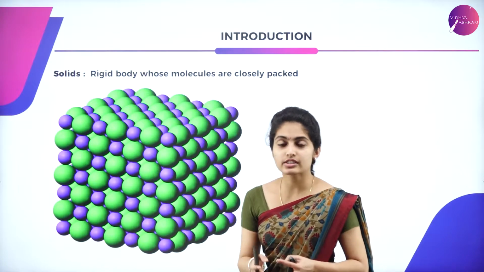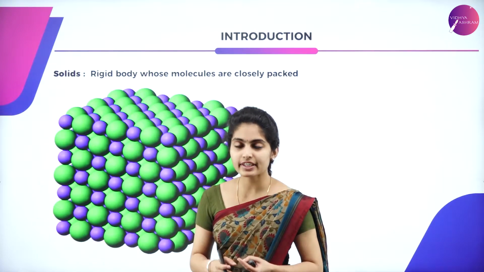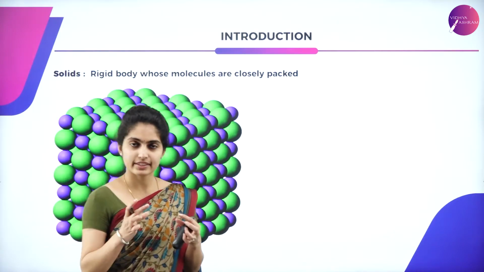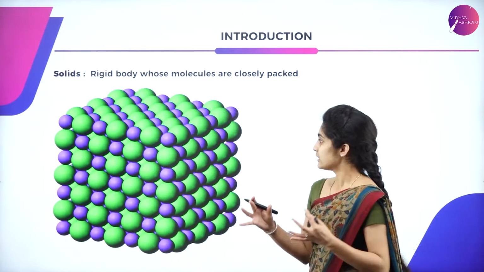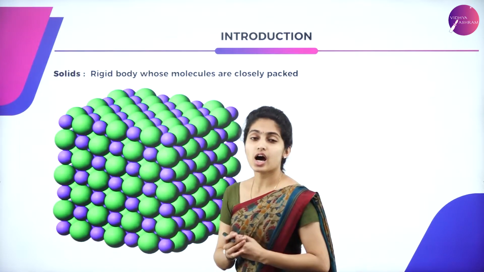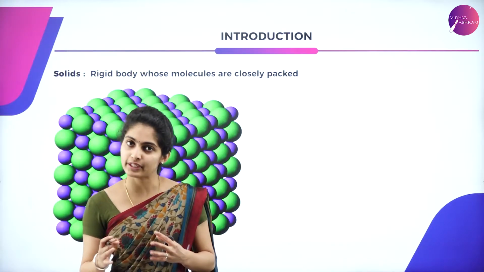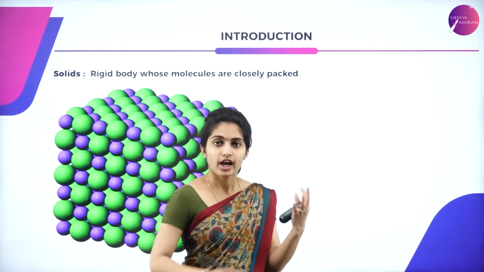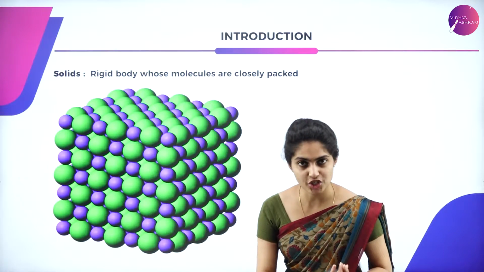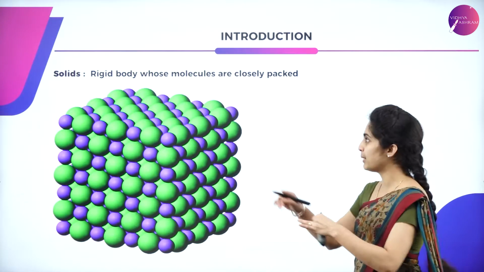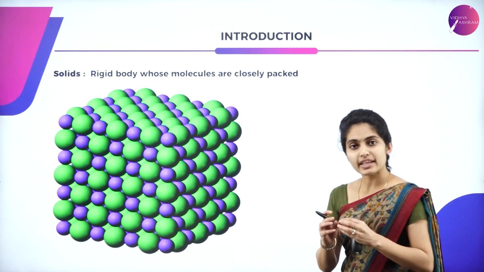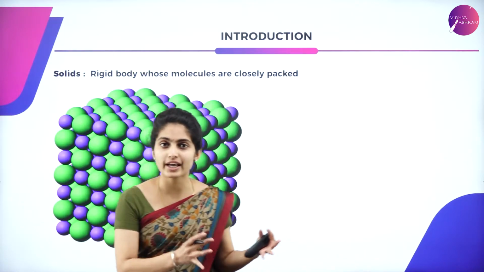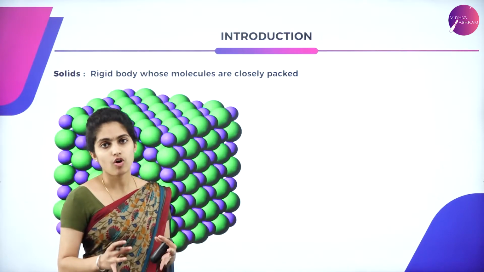So here the solid is the one which is having atoms as well as molecules which is closely packed. That is, it is tightly packed such that the particles are not free to move from one place to the other. So in order to change the shape of the solid, either we will have to give a compression effect, or else we will have to bend the solids, or else some external force is said to be applied on the solid so that its shape will be altered.